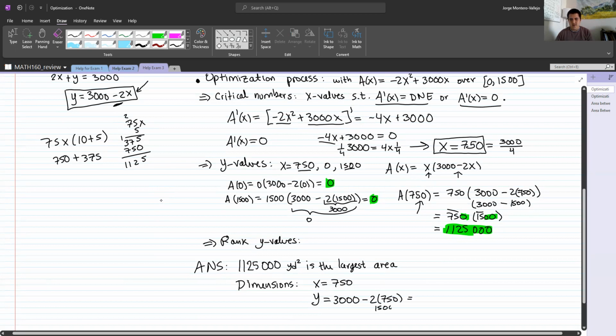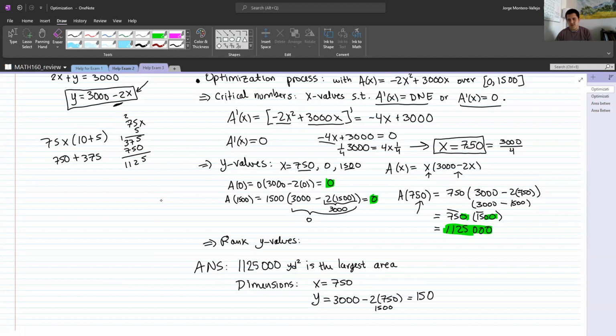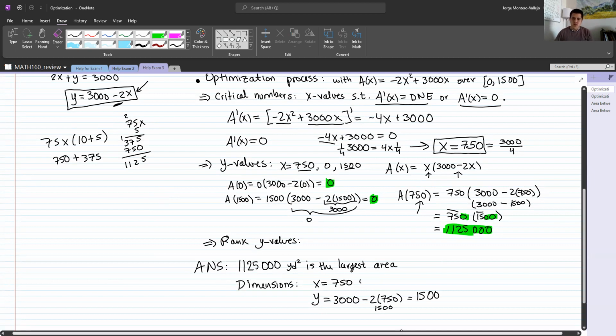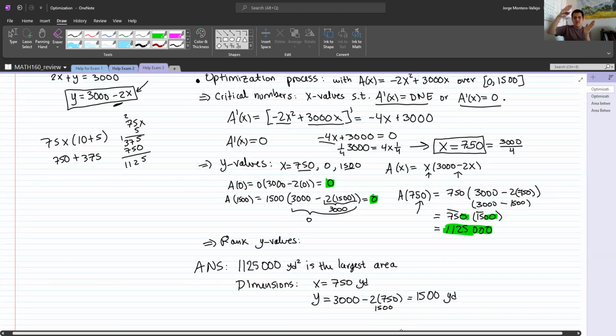Remember that this is 1,500, right? And so 3,000 minus 1,500, that's just again 1,500. So these are the dimensions. And of course, they add up to 3,000, right? Remember that we used X twice for here and here, and that's 1,500. And then 1,500 for this part over here, right? 1,500 plus 1,500, 3,000. Okay, so those are then our answers for the problem.